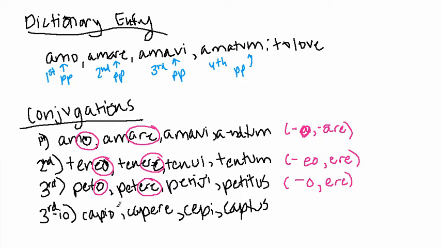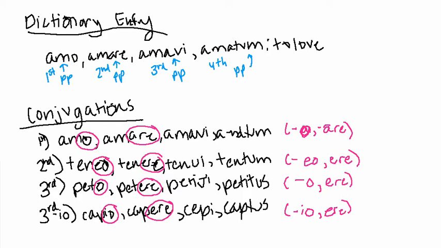If you look to the endings, as implied by the name, third io, it ends in io and ere. So it's pretty close to third. There's just the obvious io for the first principal part. Io or eo, ere.